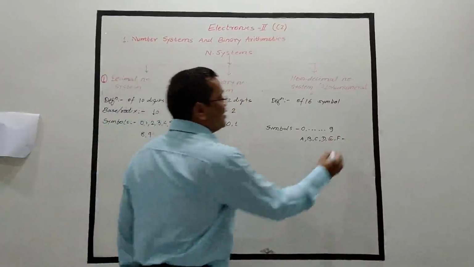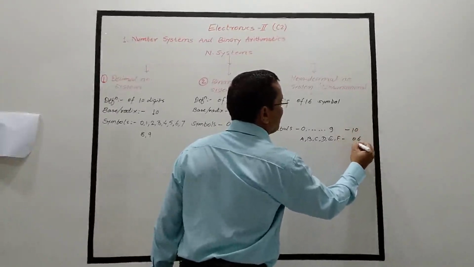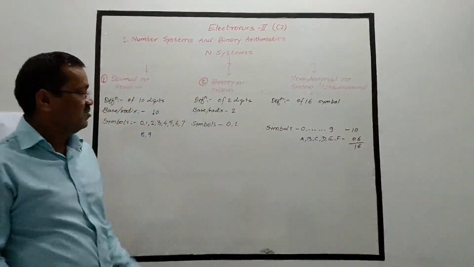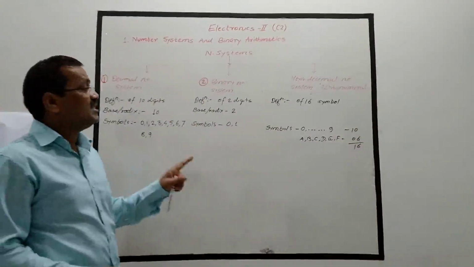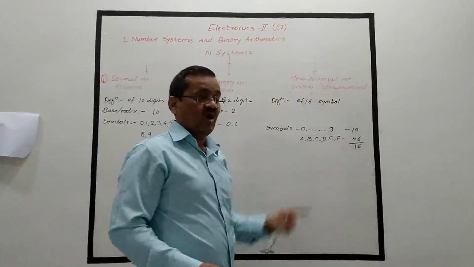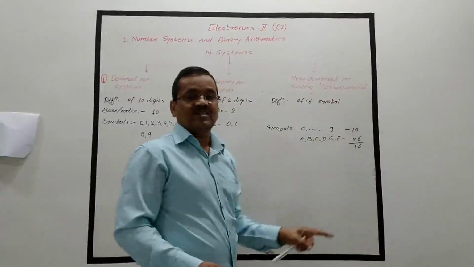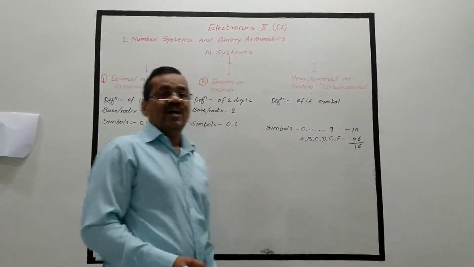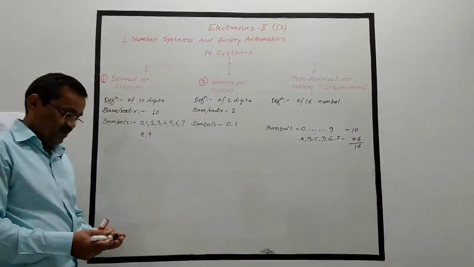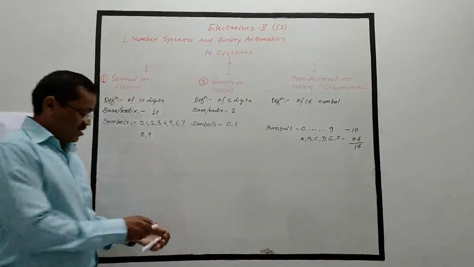So these are the 10 symbols and these are the 6 alphabets. The total radix in this number system is 16, hence it is called the hexadecimal number system. It consists of alphabets as well as numerals, hence it is also called the alphanumeral number system. So this is all about these number systems.